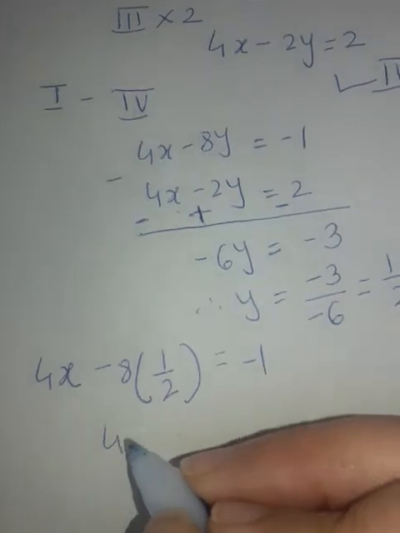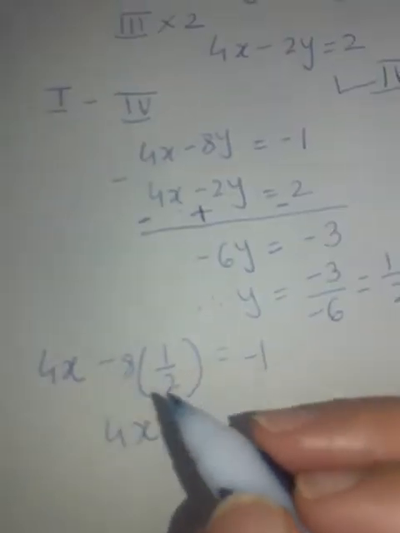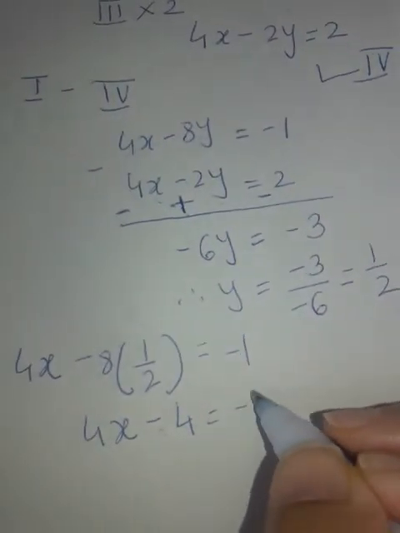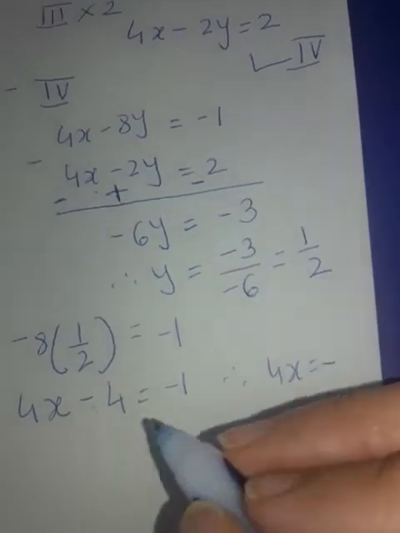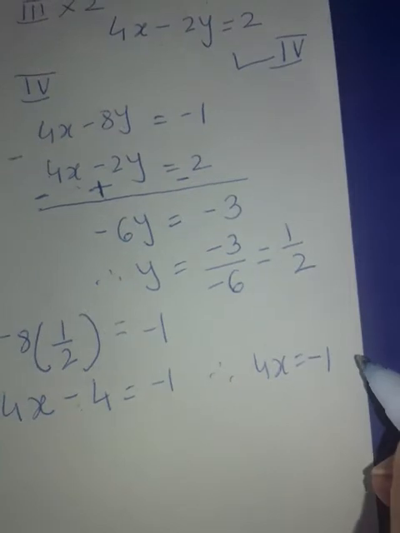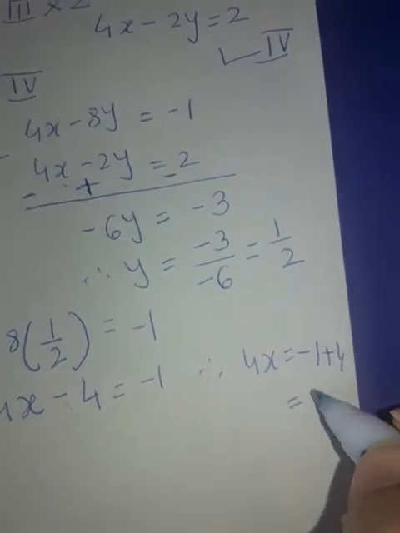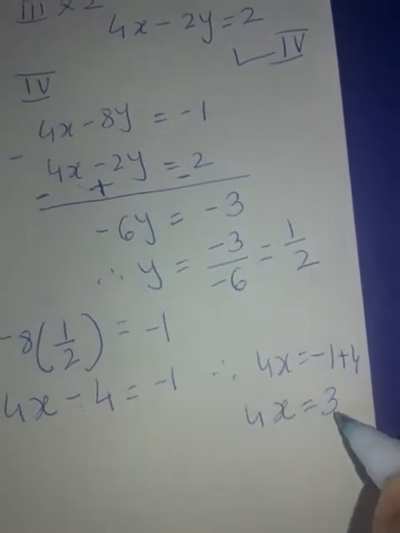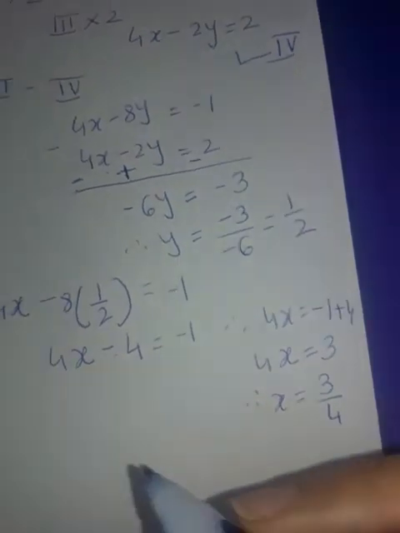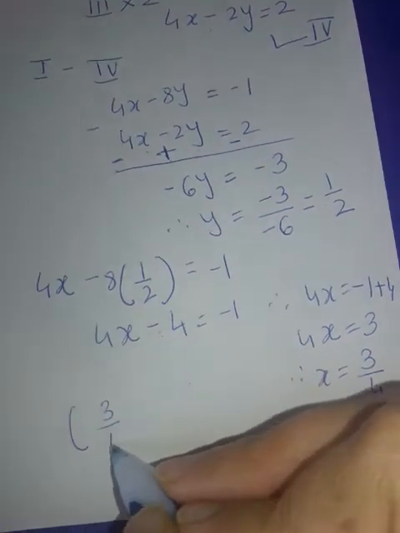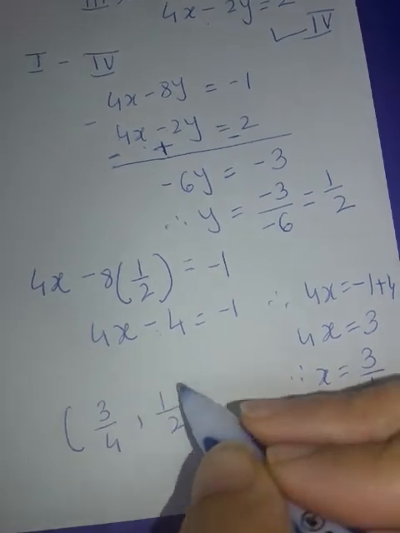So now let me solve this. Minus 1, this minus 4 will become plus 4. So 4x is equal to 3. Therefore x is equal to 3 by 4. So your solution set is 3 upon 4, half.